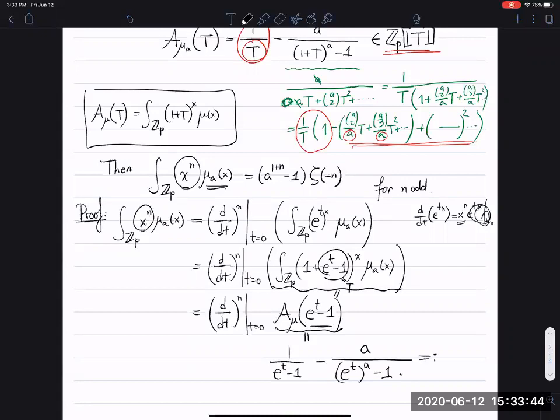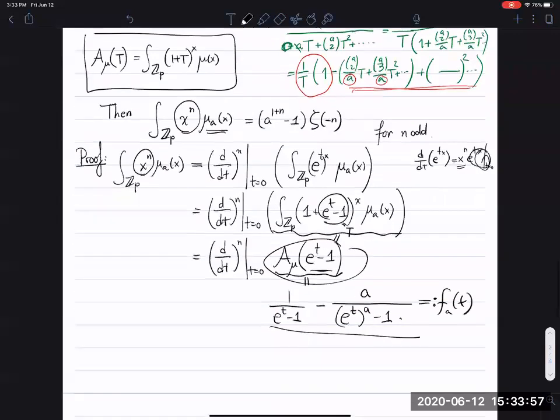So I'm going to call this one fa of t. And what I'm doing is we know this is equal to that, and I'm taking the nth derivative at t equals 0. So I can continue this. This is equal to fa nth derivative at 0, for fa of t equal to that.